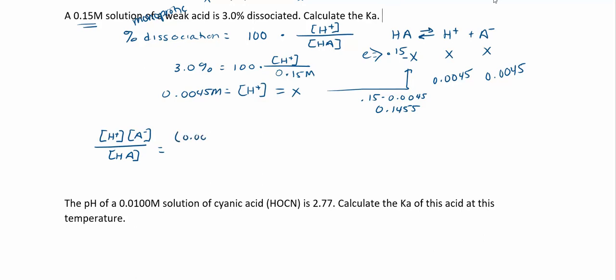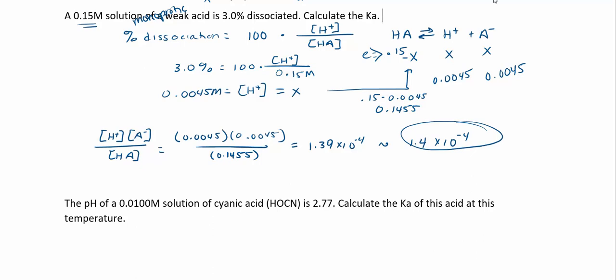So now I have these values, and I'm going to plug them in and solve. So when I solve this, I end up with a value of 1.39 times 10 to the negative 4, which we would round to 1.4 times 10 to the negative 4.